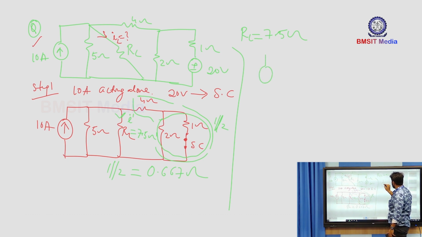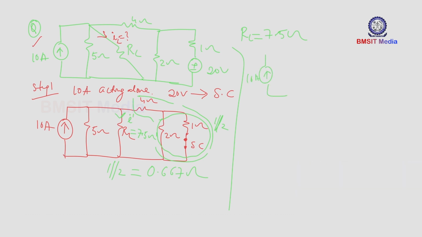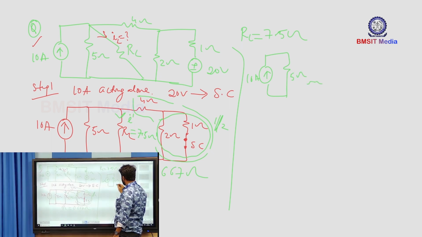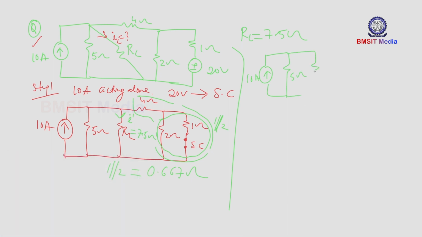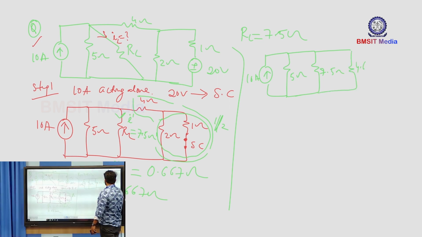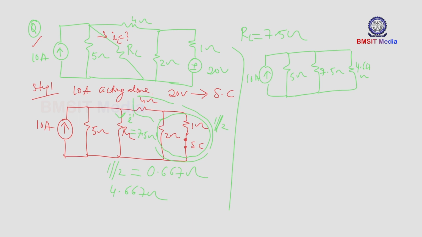It is a 10 ampere current source, a 5 ohm resistance, and in parallel with that 7.5 ohm. The resultant here is 4.667 ohm.